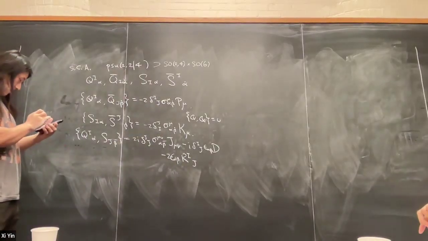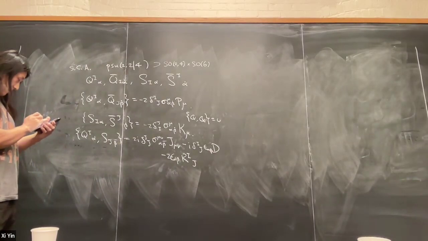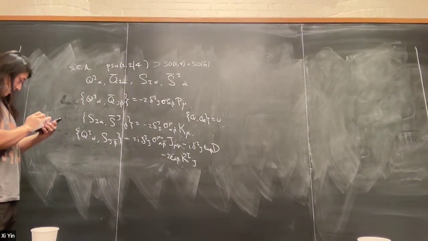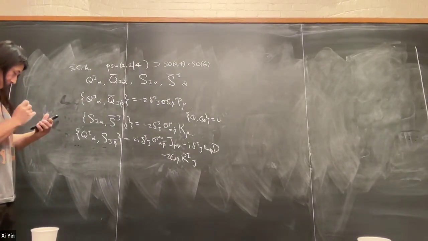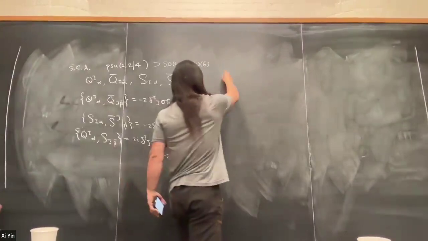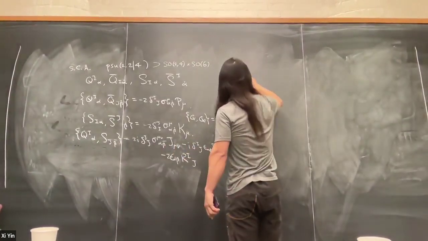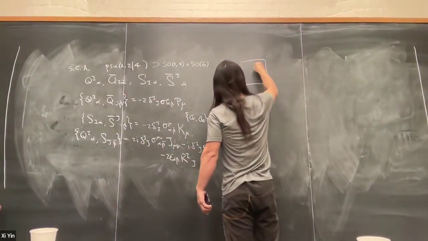So the next thing we're going to discuss is the spin chain picture for single trace operators. As usual, we're going to be using the state operator correspondence.